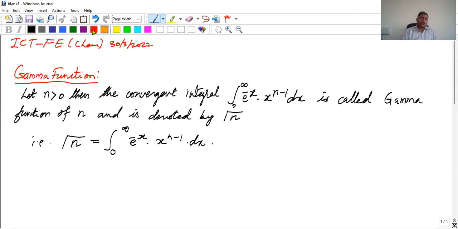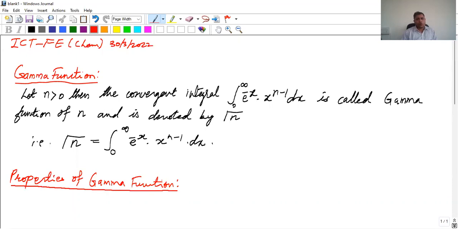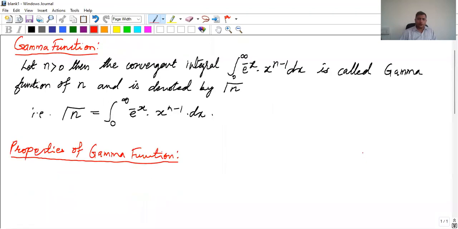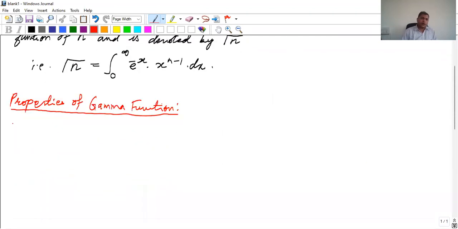So what are the properties of the gamma function? The first property that we need to understand is gamma of n plus 1 is equal to n into gamma of n.